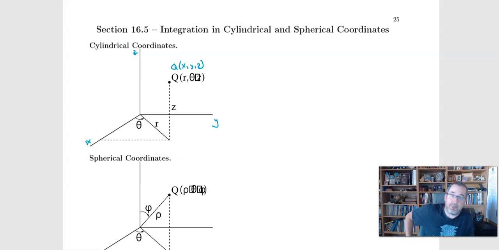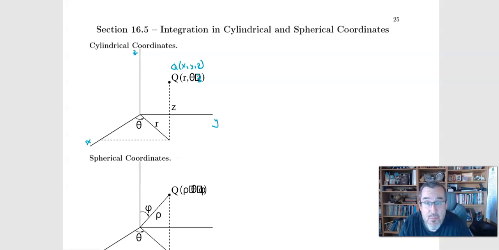Now, you can get to that same place, but instead of measuring x, y, z, you could measure in r, theta, and z. Some of my symbols are coming out wonky in this particular tool, but this says r, theta, z.